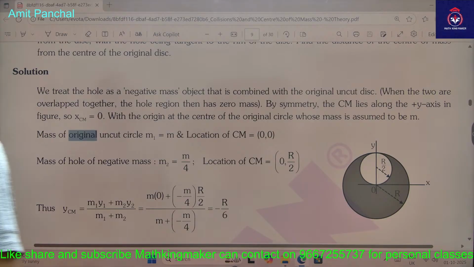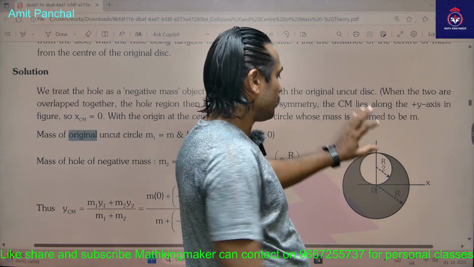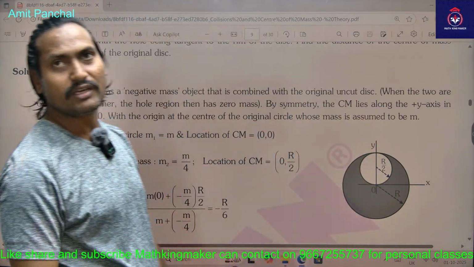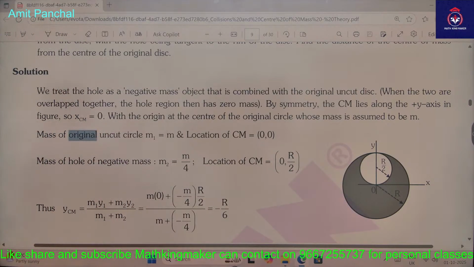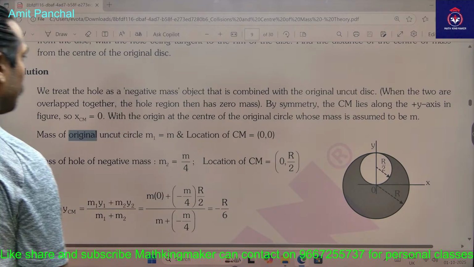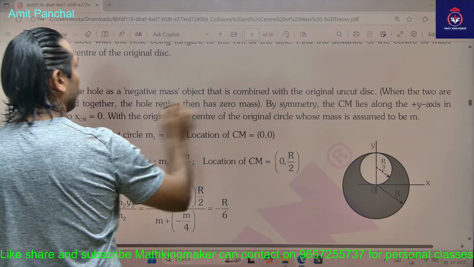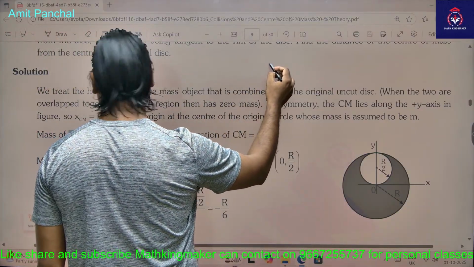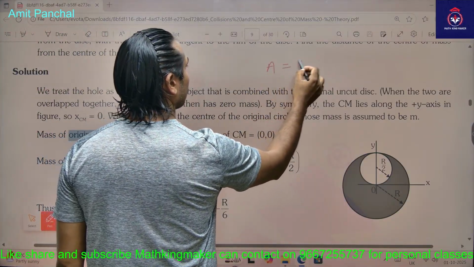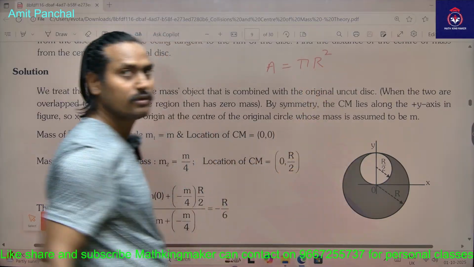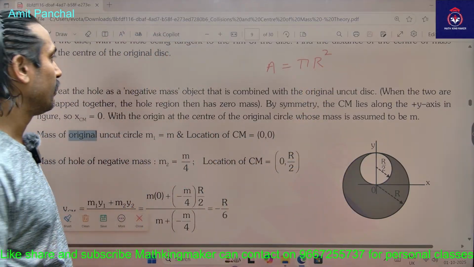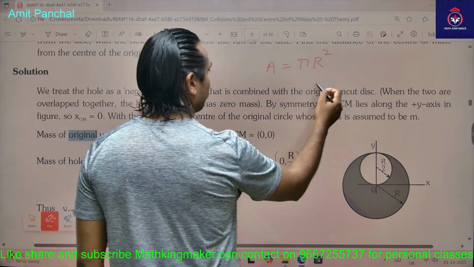See, and as this mass is cut off from the same disk, so the surface density will be the same. So what is the area of the entire circle? Area of the entire circle is pi r square. What is the surface density?